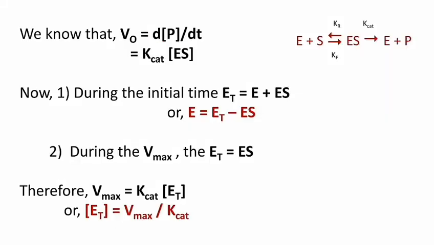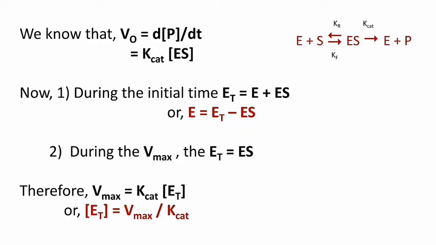Now as we have said previously, the rate or the velocity of the reaction equals the change in product concentration by change in time, that is V0 equals dP by dt. So we can also say that V0 equals Kcat into ES. Now during the initial phase of the reaction, some of the enzyme is present freely and some is present in the enzyme substrate complex.